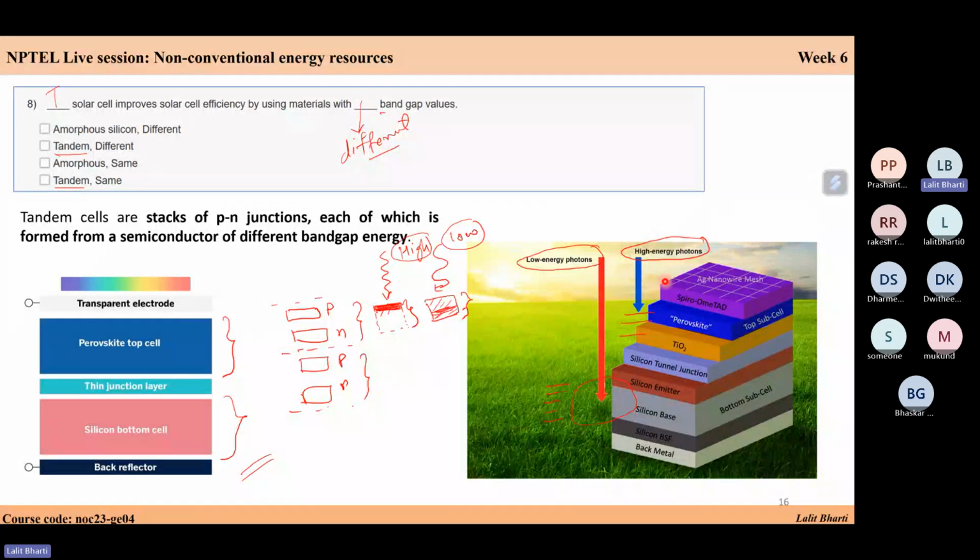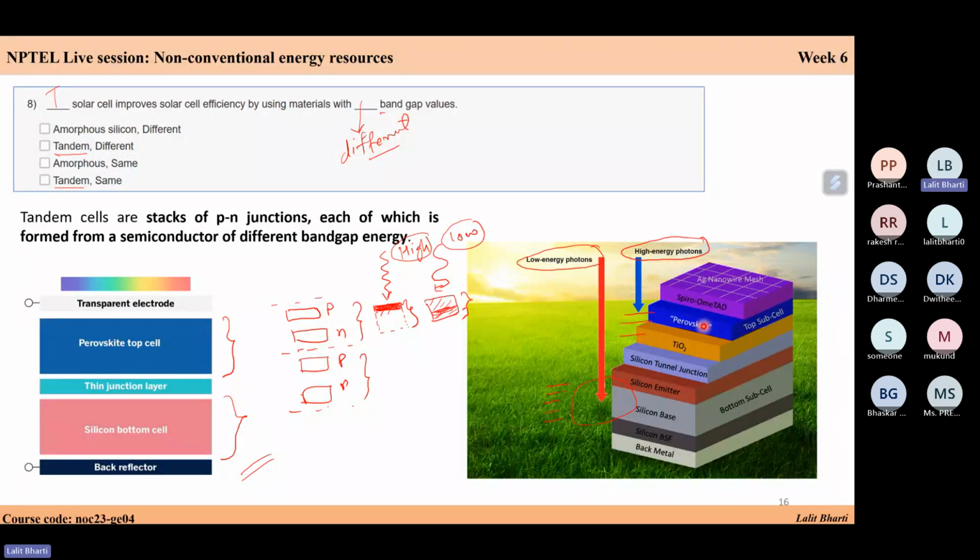The higher energy photons are absorbed here, and the lower energy will not be absorbed here, but will penetrate through this junction and be absorbed in the silicon region. So we are just making layers of solar cells which are active towards different spectra of the solar spectrum.